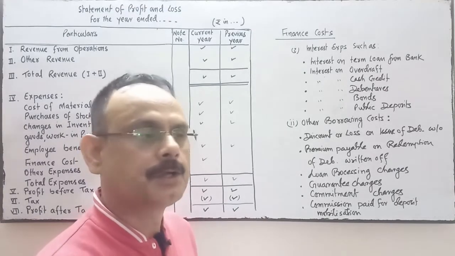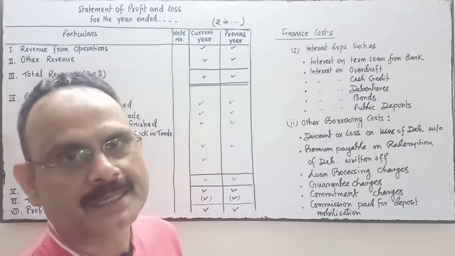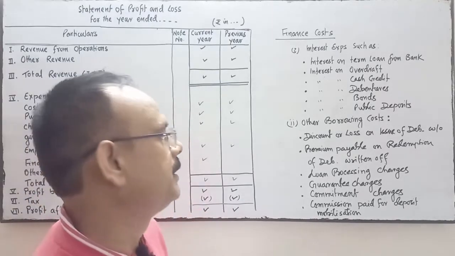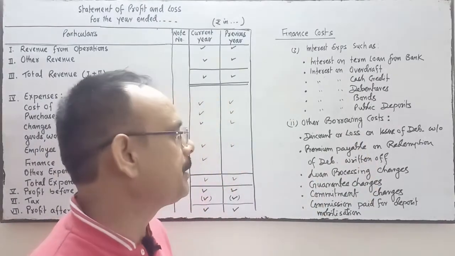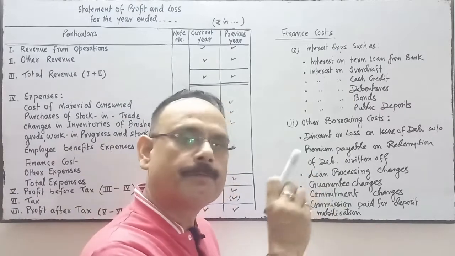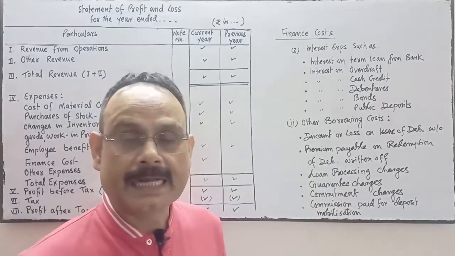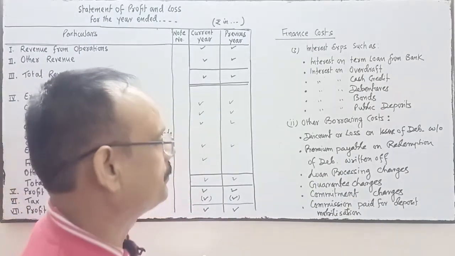Under the finance cost, discount or loss on issue of debenture is written off. Similarly, premium payable on redemption of debenture is written off.